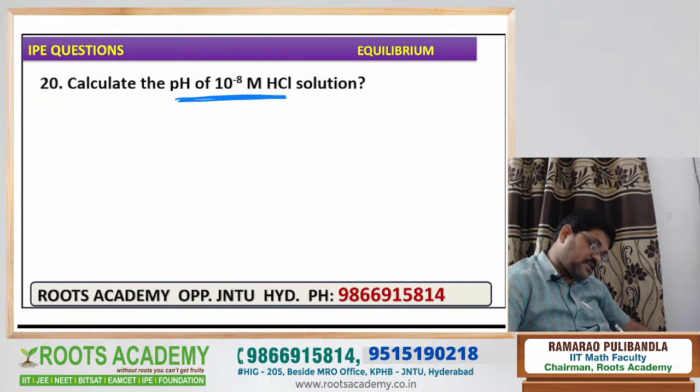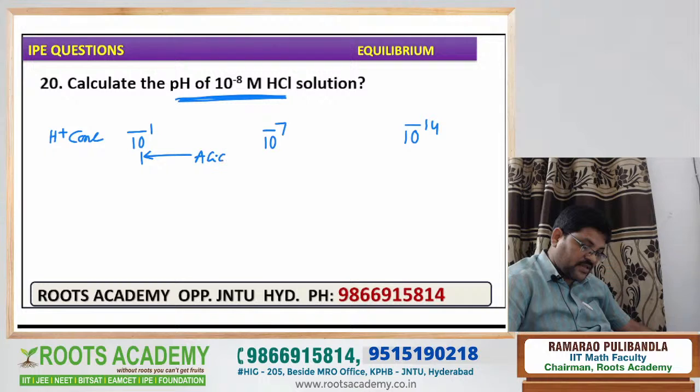First you know the pH scale. H plus ion concentration, you write like this: 10 power minus 1, 10 power minus 7, 10 power minus 14. 10 power minus 1 to 10 power minus 7 are called what? Acids. Understood? Then 10 power minus 7 to 10 power minus 14 are called what?